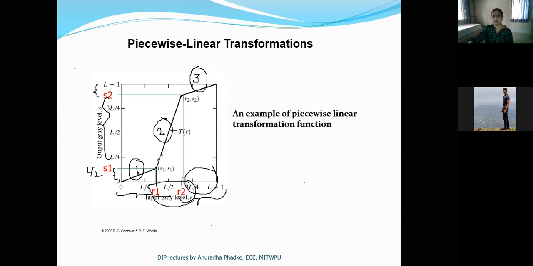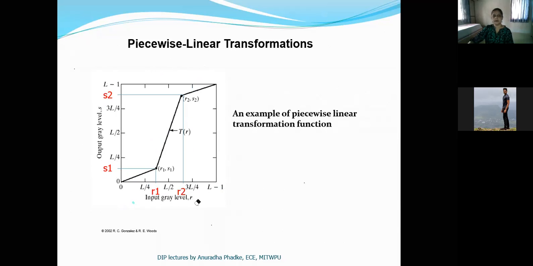So this middle line segment, line segment 2, is actually stretching your contrast, because it is converting a narrow gray range to a wider gray range between S1 and S2. So simply by this piecewise linear approximation, we are getting contrast stretching or contrast improvement. And because of this piecewise linearization, practical implementation becomes easy.